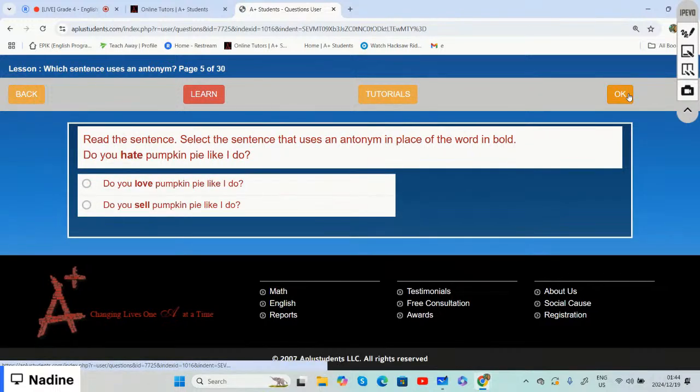All right, the last one. It says, do you hate pumpkin pie like I do? Hate. What is the opposite of hate? Is it option 1, love, or option 2, sell?